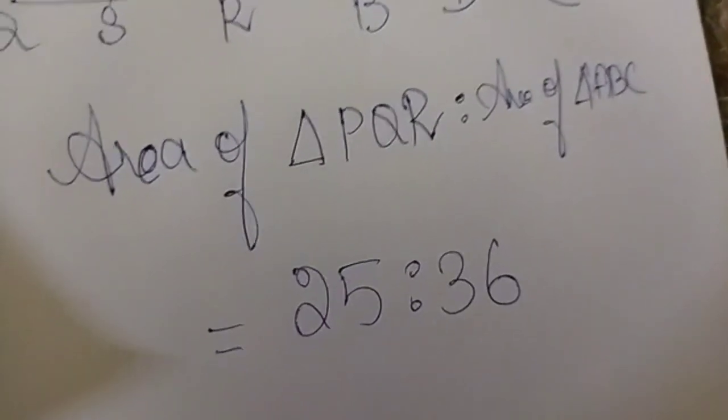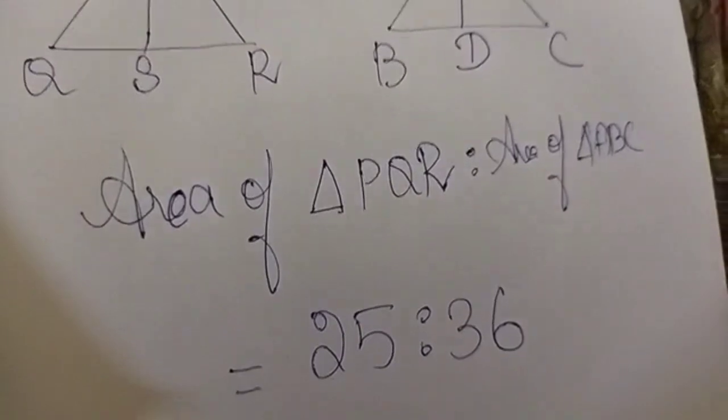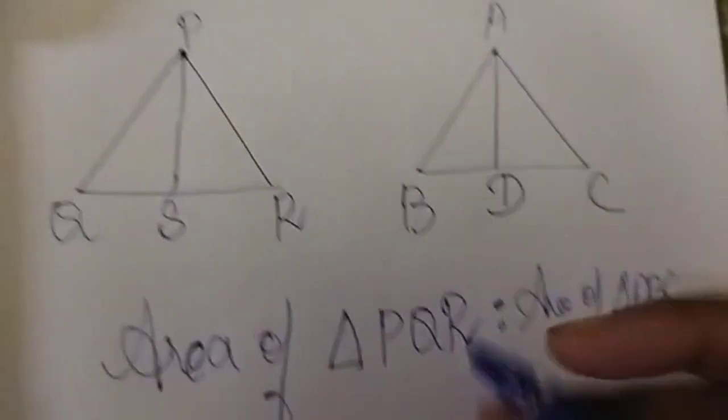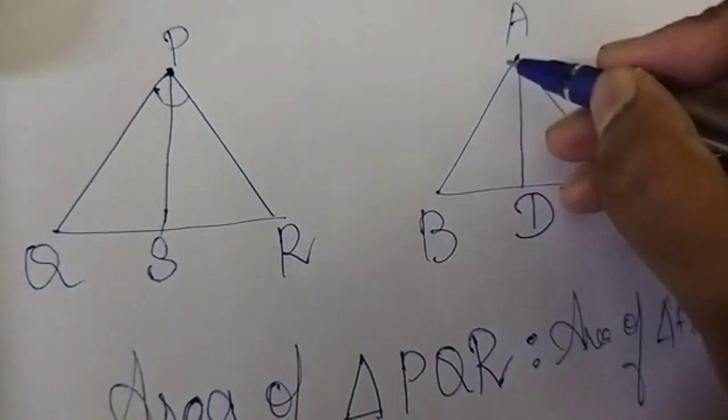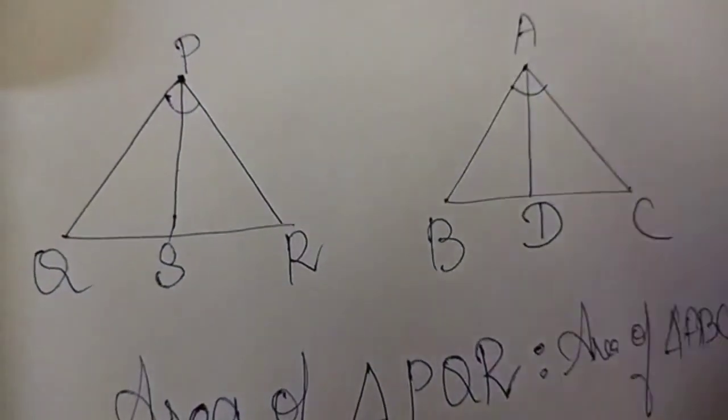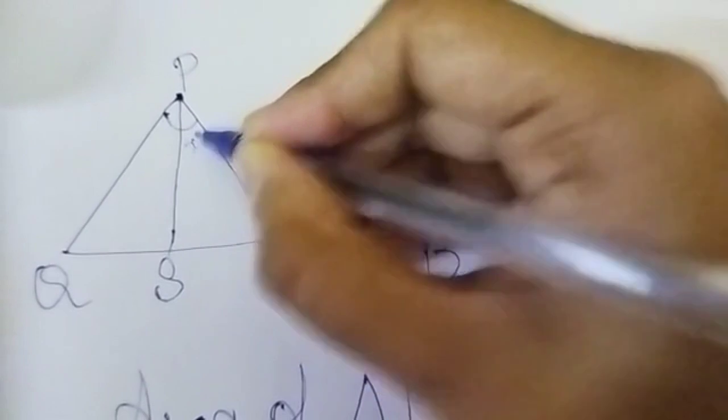Now we need to find the ratio of their heights. It is also given that the vertical angles are equal. So if this is x degree then this one is also x degree.